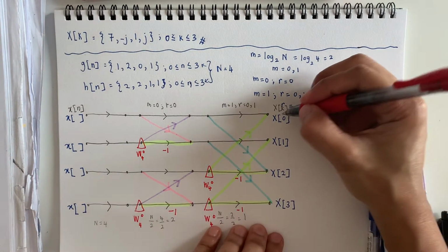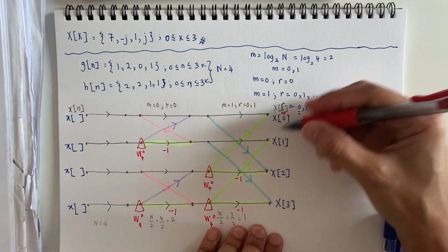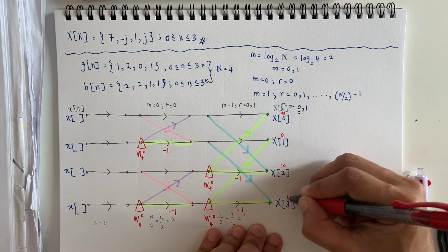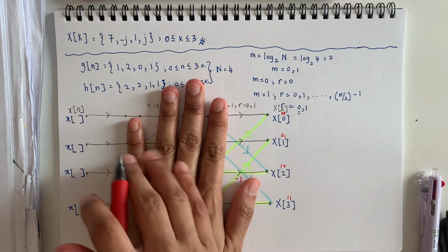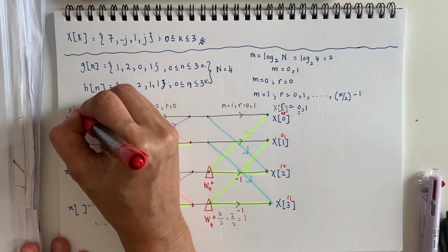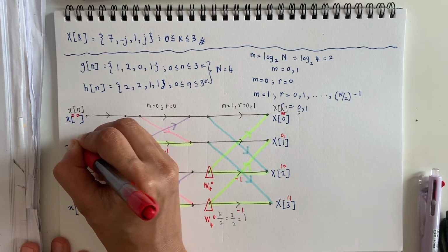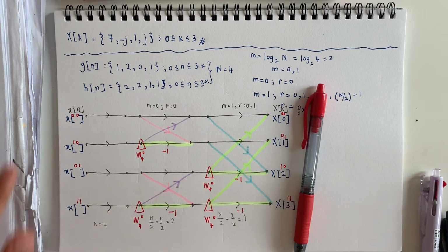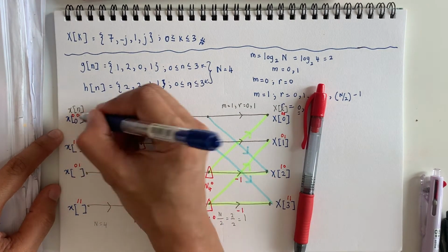So we convert from decimal to binary. Imagine you have a mirror in between. So here we have 00, 01, 10, 11. From binary, you convert it back to decimal.